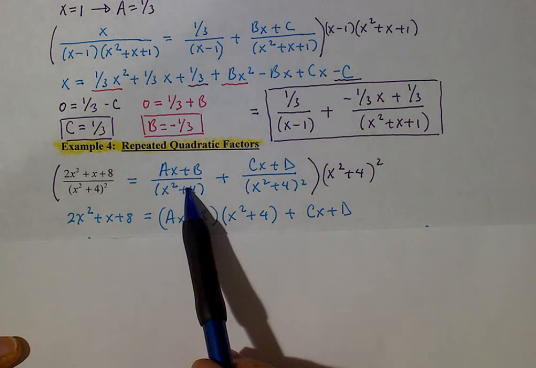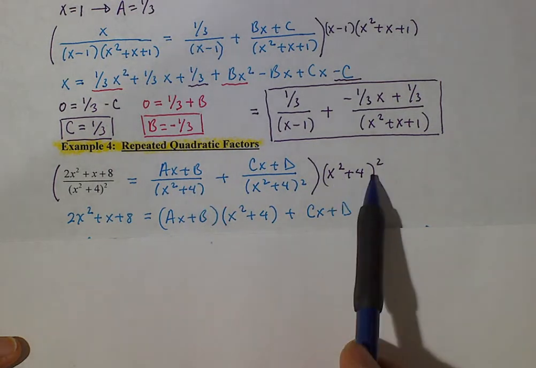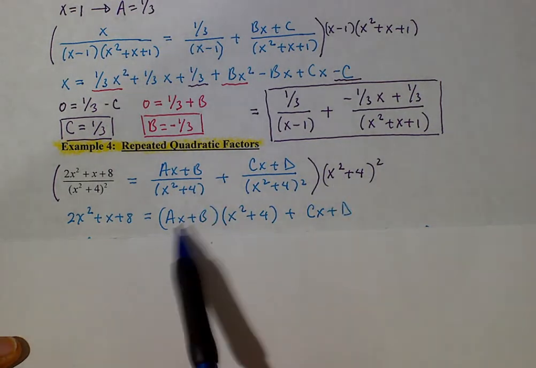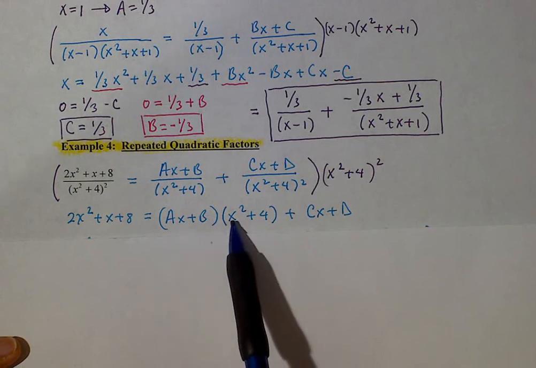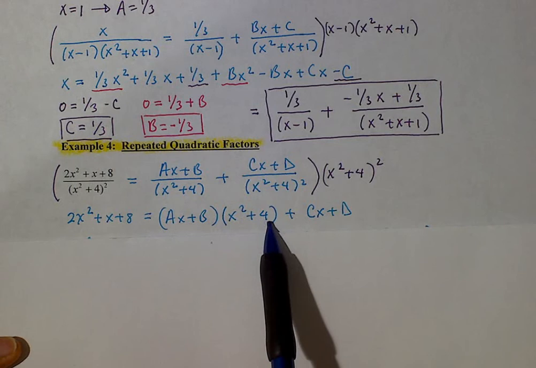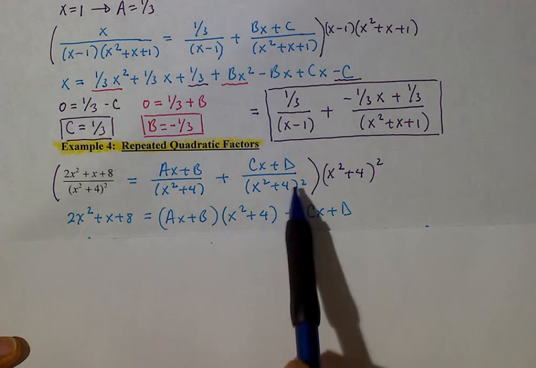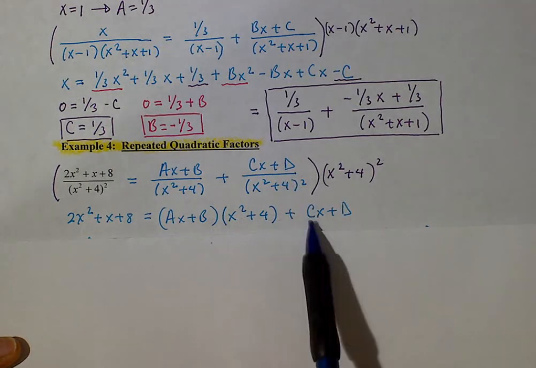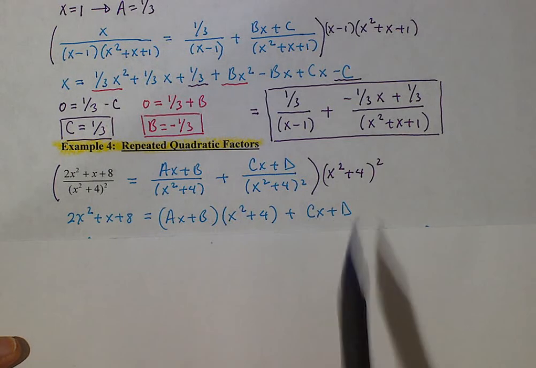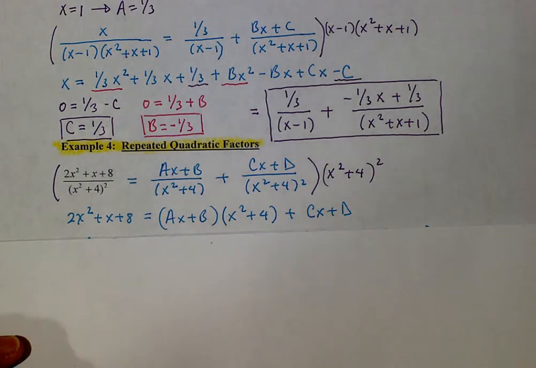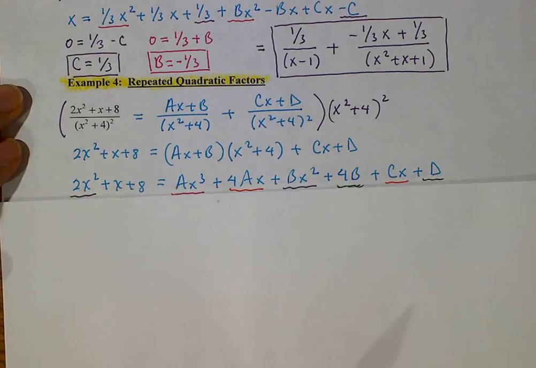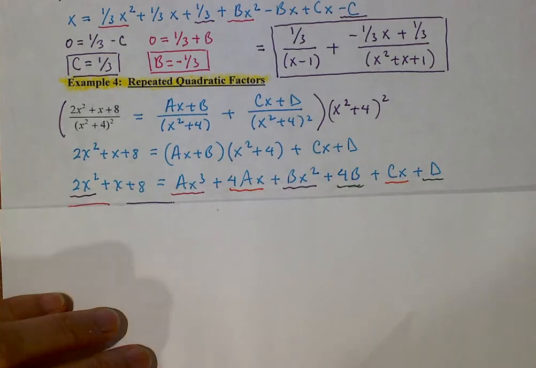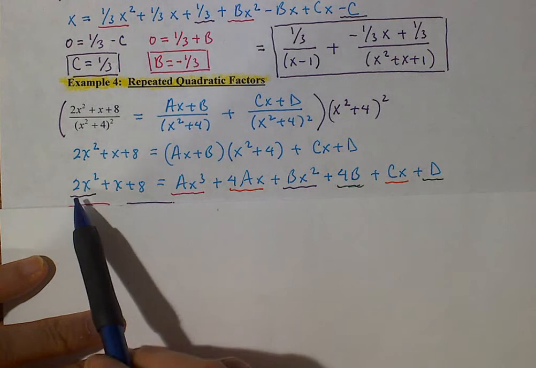And then if I multiply this times this, one of the x squared plus 4 will cancel out. So then I have ax plus b, quantity x squared plus 4. And then with this one, they both cancel out, so I get cx plus d. Okay, next I'm going to FOIL everything out on the right-hand side.